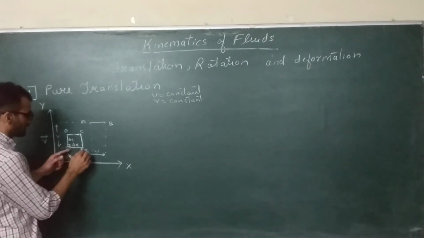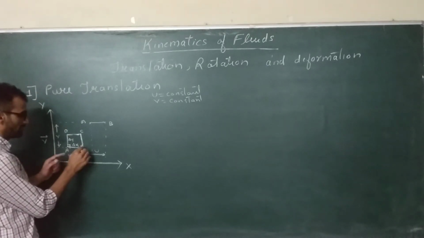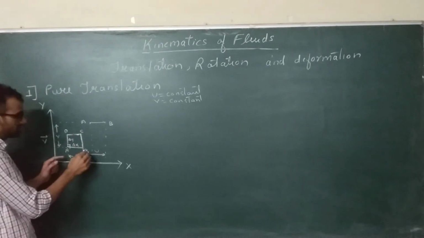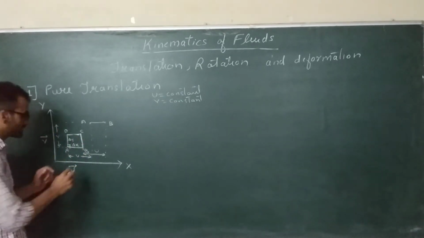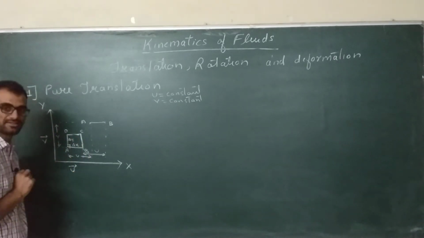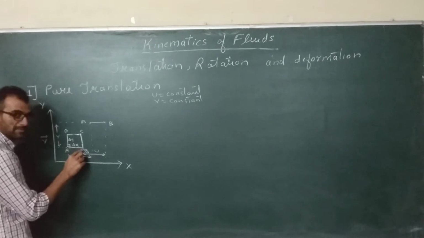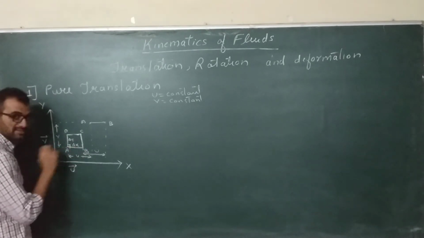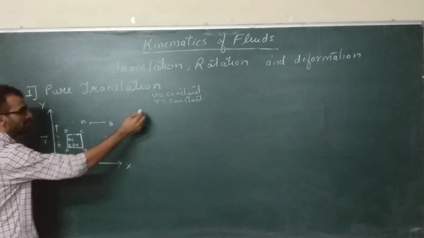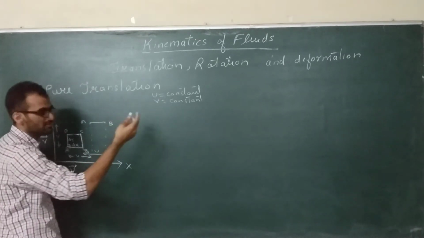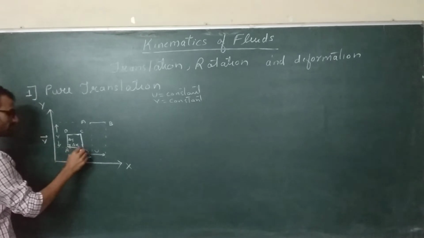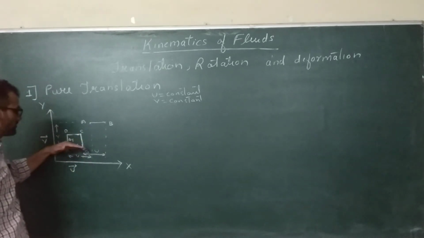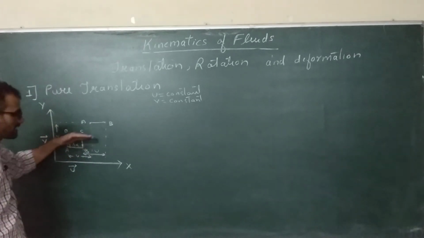Now how much will B travel? B will also travel V, since V is also fixed, it does not change with respect to x coordinates. On segment AB, the y coordinate is same, but x coordinates are changing, but still V is constant, it is not changing with x coordinate, so this will also travel V. So this segment AB will go on traveling parallel.